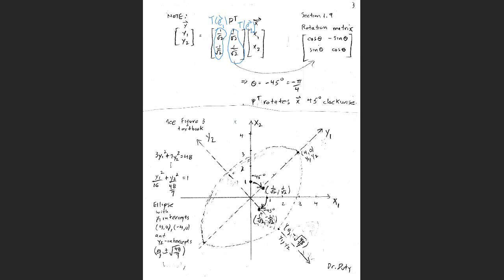Okay, so (1, 0) gets mapped under the transformation to 1 over root 2 and negative 1 over root 2.